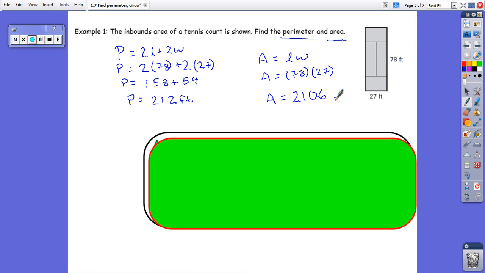And don't forget the unit again. This time, because we're talking about area, it's feet squared, or you hear people say square feet. But that's how you label it if you just want to use shorthand. Okay, go ahead and pause that if you're still writing. Otherwise, we'll move on.